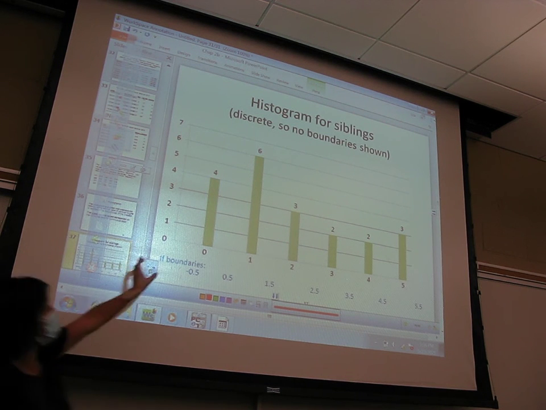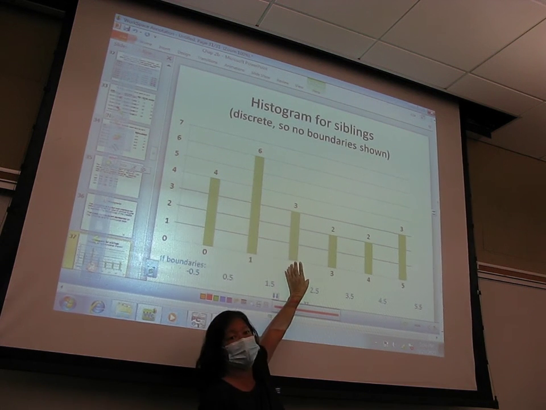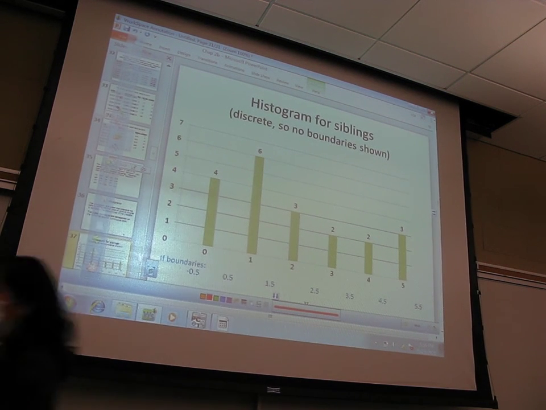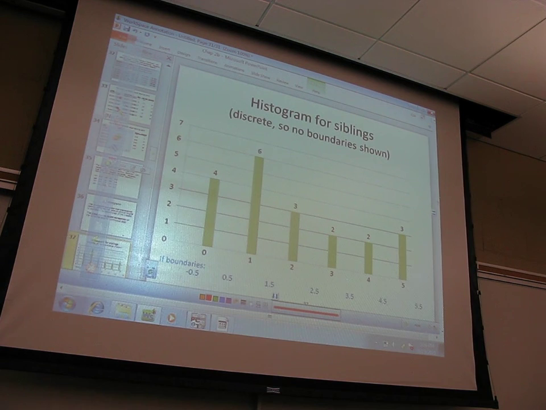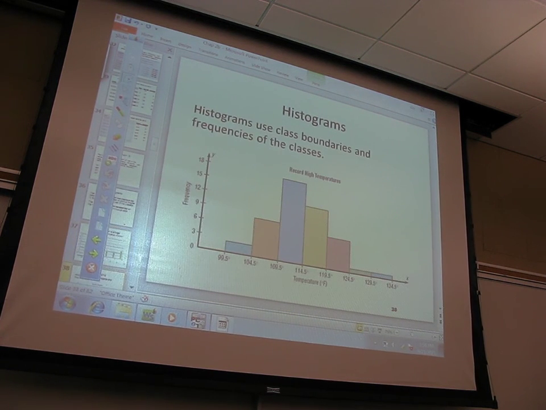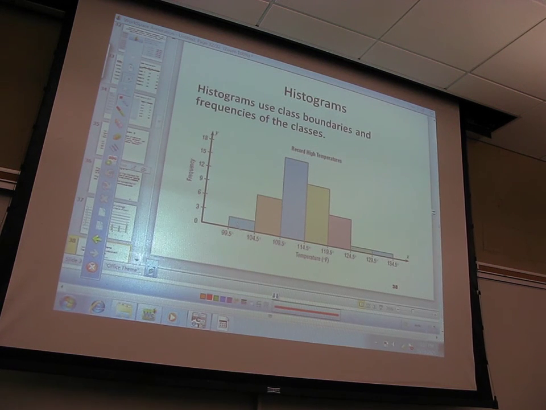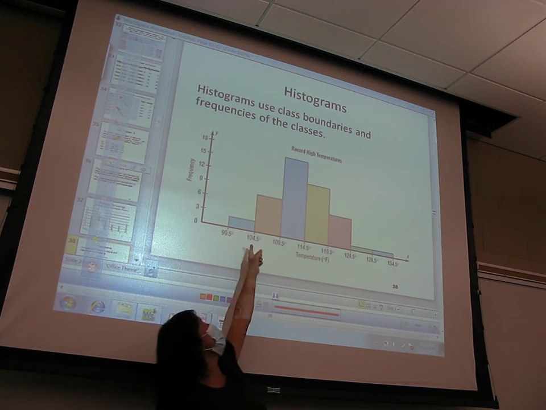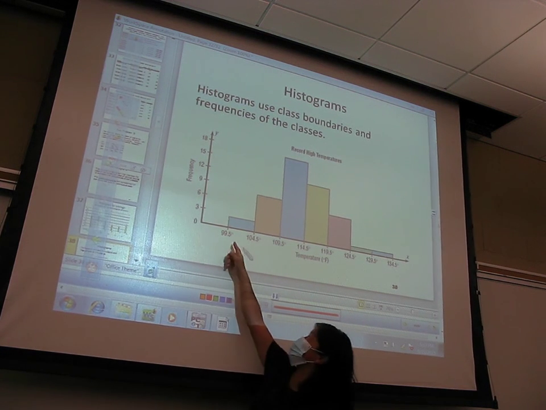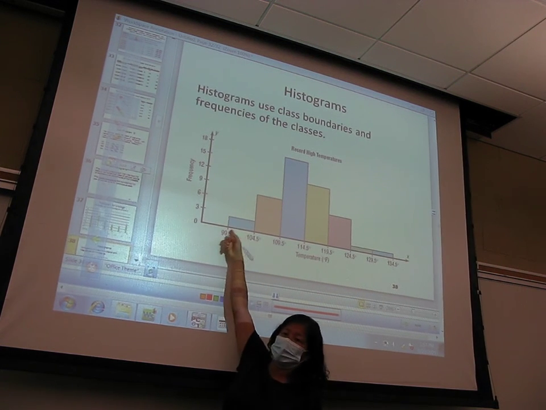Some people will do that, where they write their class limits in for each one, and when you write the class limits in, the bars don't touch. If you do the boundaries, then you don't write both numbers, you just write the one number. So this class goes from this boundary to that boundary. These are the boundaries for the class. It's lower limit and upper limit, and that's its frequency.